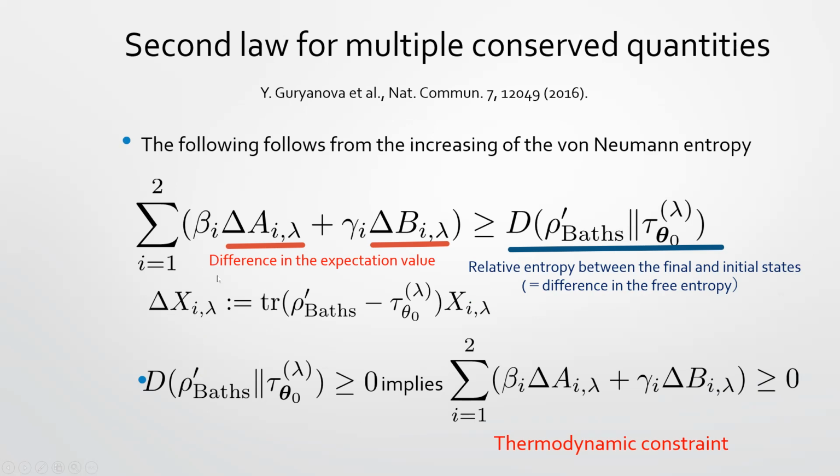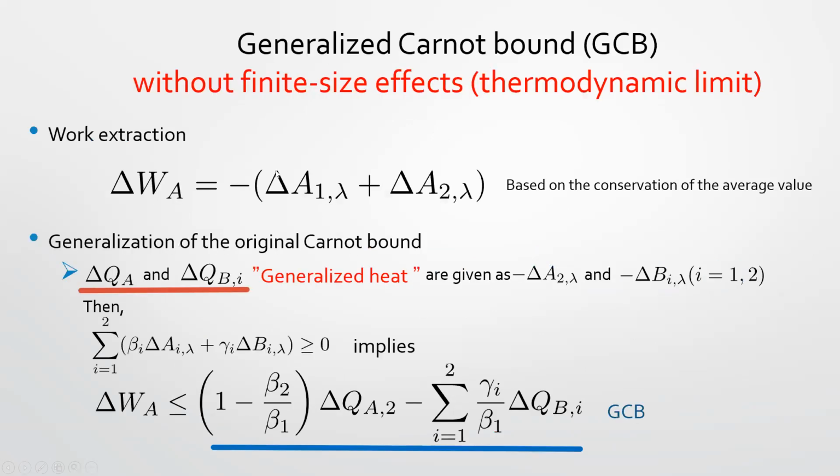Sometimes we use this notation x_i, sometimes we use A, but this one handles things in a more unified way. And this positivity of relative entropy implies this inequality. This is a thermodynamic constraint. This inequality is very important because using this inequality and this definition, we can derive this one.